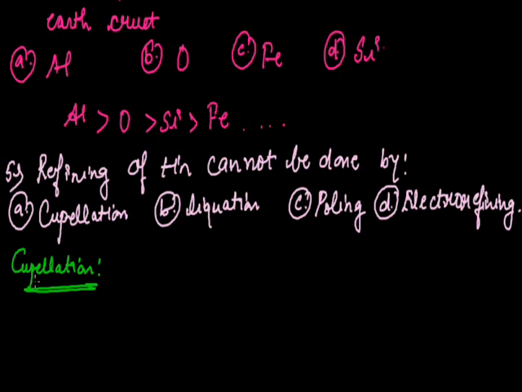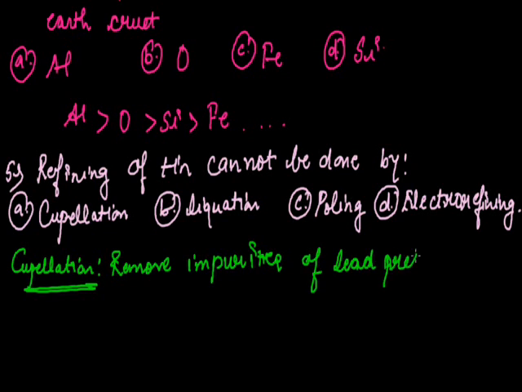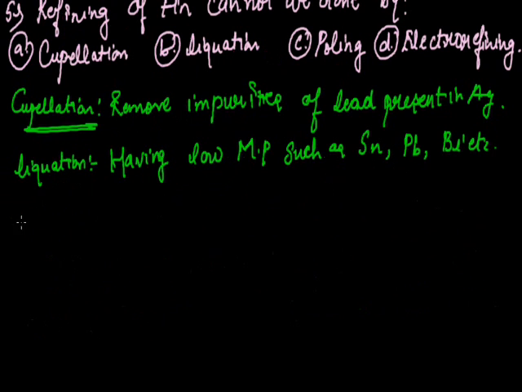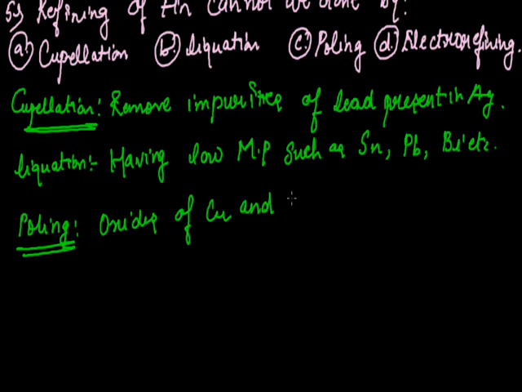Cupellation is generally used to remove the impurities of lead present in silver. Then liquation is the process used for refining metals having a low melting point, such as tin, lead, bismuth, etc. Right now we have discussed poling. Poling is a method used for refining the oxides of copper and tin.